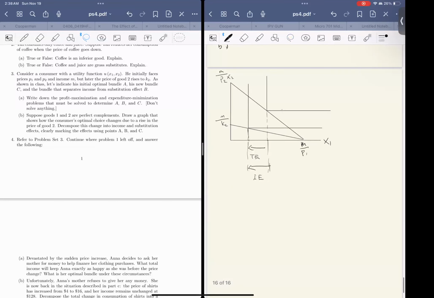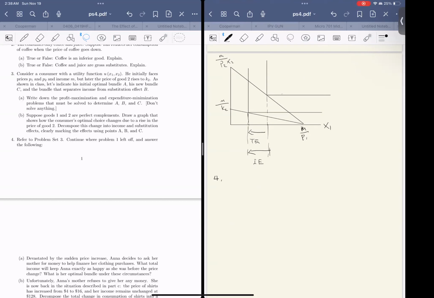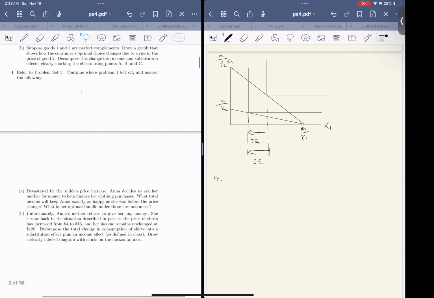Okay, let's go to number 4. So problem set 3. I have the bundles. Let me quickly write down the setup and the optimum bundles, so we can speed through.